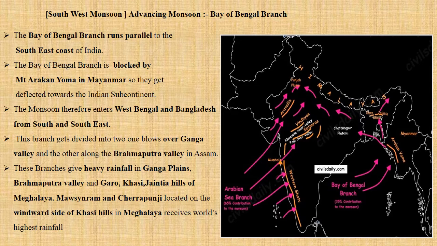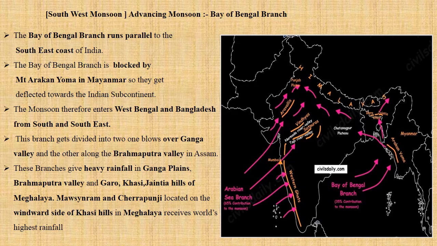If we talk about Shillong, Shillong is the plateau in Meghalaya. If we compare Mawsynram and Shillong, which both lie in Meghalaya, Mawsynram lies to the windward side of Khasi Hills, whereas Shillong lies to the leeward side of Khasi Hills.